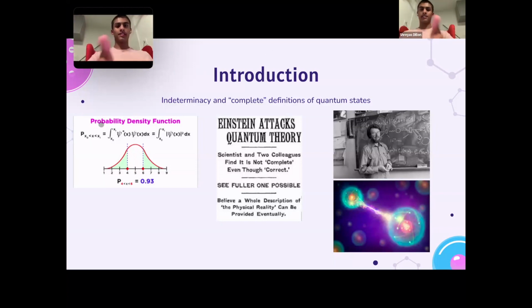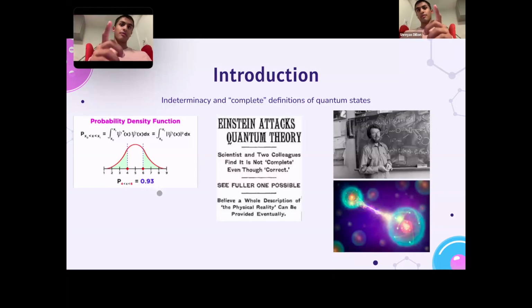As you can see from the picture on the left, this is the mathematical formulation behind it, and this is a good visual. This is an example of a probability density function of a random particle, we can say. And it gives an example. The probability it's between these hypothetical x coordinates, 4 to 6, is 0.93 or 93%.